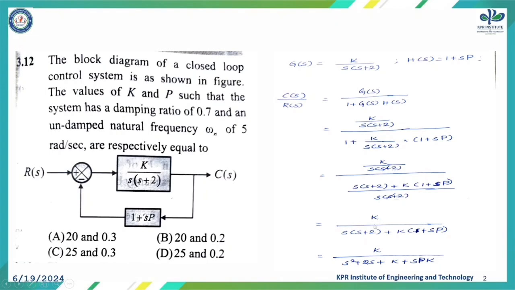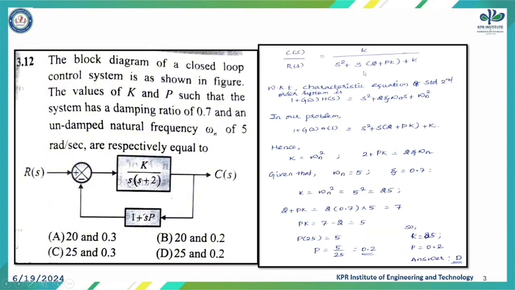So we will get K divided by s into s plus 2 plus K into 1 plus sp. Now I am multiplying each term in the denominator part. So we will get s squared, s into 2 is 2s, plus K into 1 is K, plus spK.